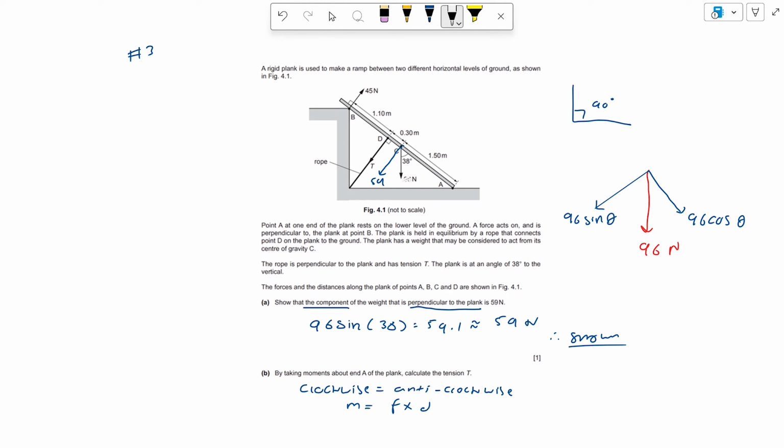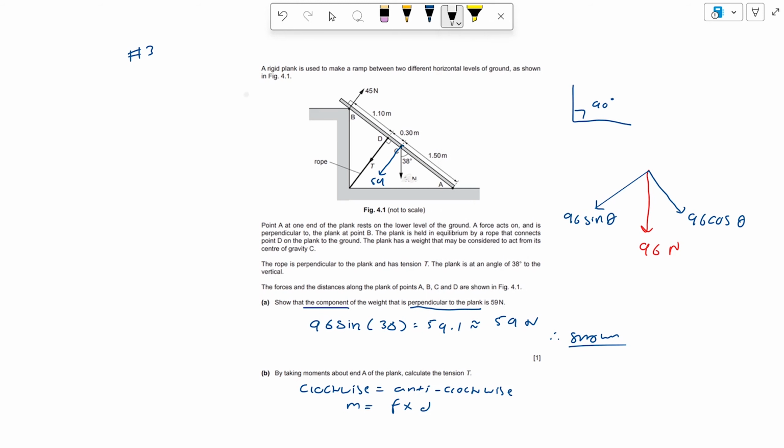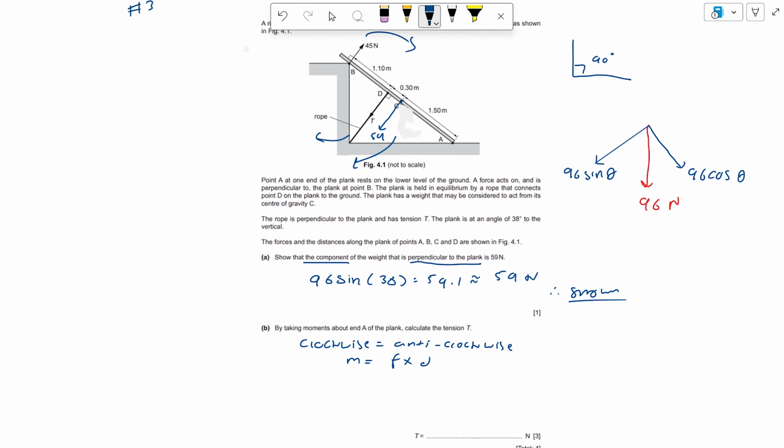And we are simply going to ignore the original force. This, for all intents and purposes, does not exist. Right, so 45 is going to be our clockwise, 59 is going to be our anti-clockwise, and tension, our anti-clockwise.